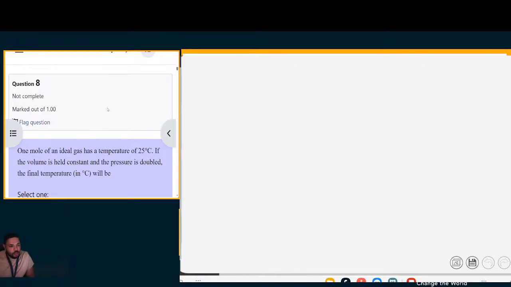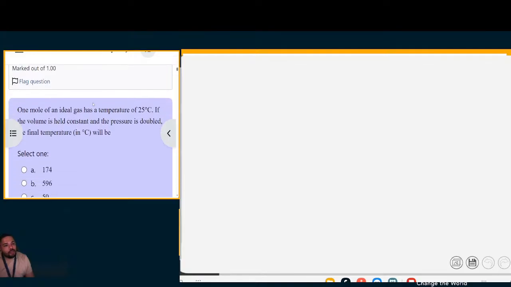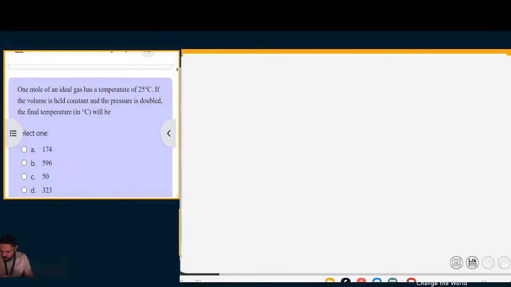Okay, question 8. One mole of an ideal gas has a temperature of 25 degrees Celsius.